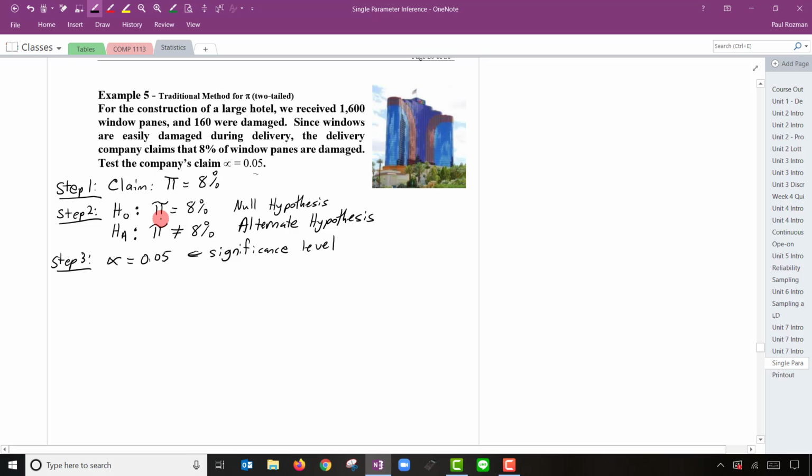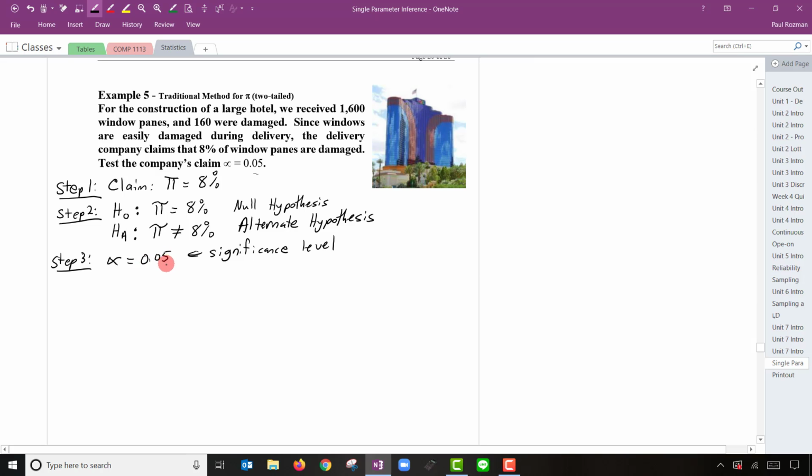Just like we said in confidence intervals, that there's a certain percentage of the time where we will make a mistake and our interval won't contain the population parameter just due to dumb luck in our sampling procedure. Same thing here. We're accepting that there's a 5% chance that we're going to reject the null hypothesis, even though it's true. You might say, why wouldn't we make it lower?